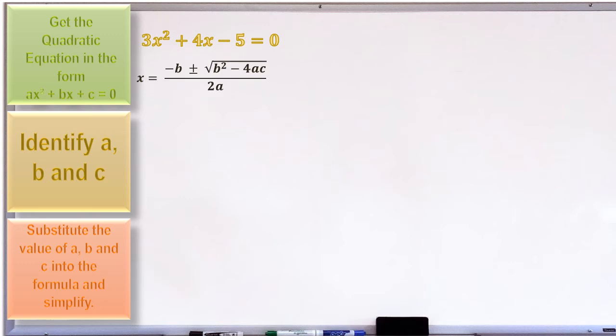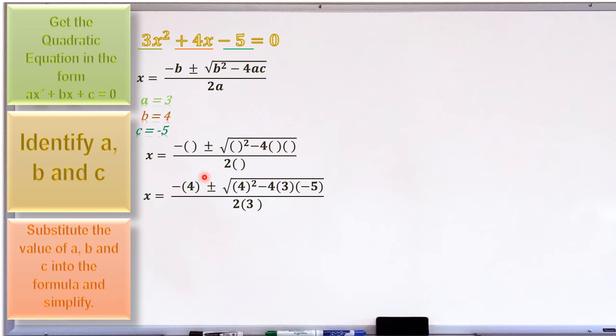Next, identify A, B, and C. A is 3, B is positive 4, and C is negative 5. Substitute the value of A, B, and C.